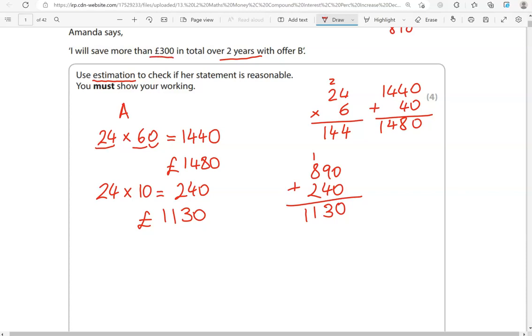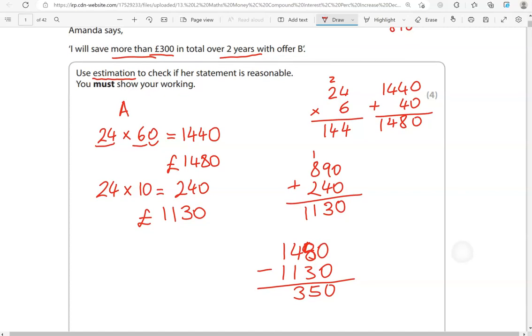So now comparing it to 1,480, what is the difference? Is it more than £300? So 1,480, take away 1,130, 8 take away 3 gives us 5, 4 take away 1 is 3, 1 take away 1 is 0. So £350 saved. So that is more than £300. So is Amanda correct?